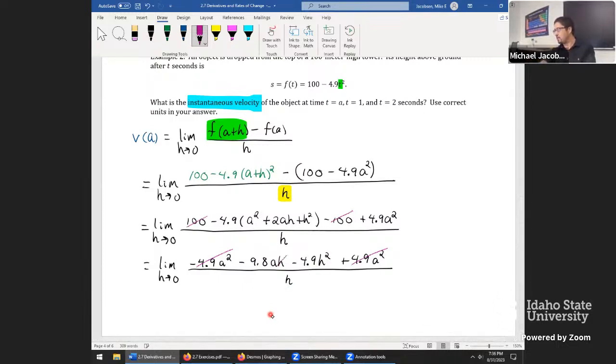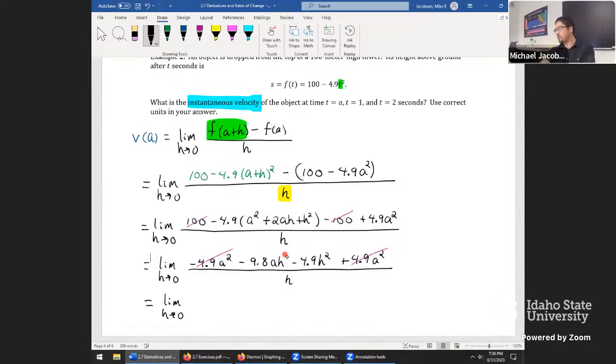They'll just go gone, gone, power 1. If you like that, I'd say you don't have to change, keep on doing it. For me, it's kind of confusing because I can't tell what I did in this one step. So I'm usually going to do it in this way. I'm a fan of factoring, so I'm going to factor h out of the numerator. But the punchline is, whichever way you're used to doing it, you don't have to change. Just keep on doing it the same way.